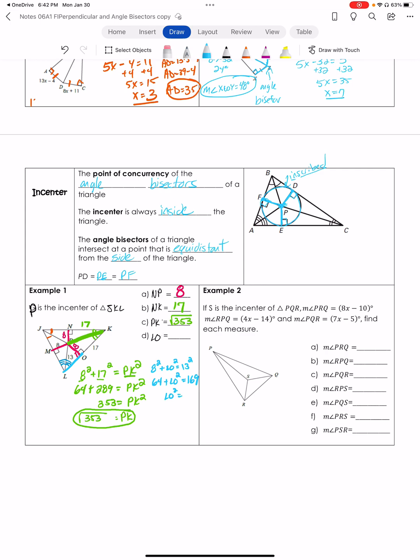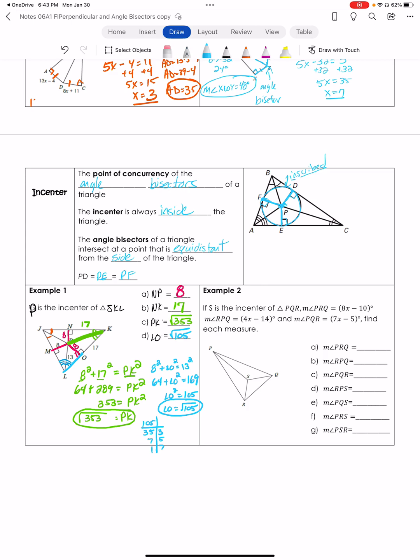LO squared is equal to 105. LO is equal to the square root of 105. Okay, I know you can divide it by 3. That's 35. Divided by 5 is 7. 7 and 1, so that's all I can do with that one. So that one's going to be radical 105. So a little bit of Pythagorean theorem there.